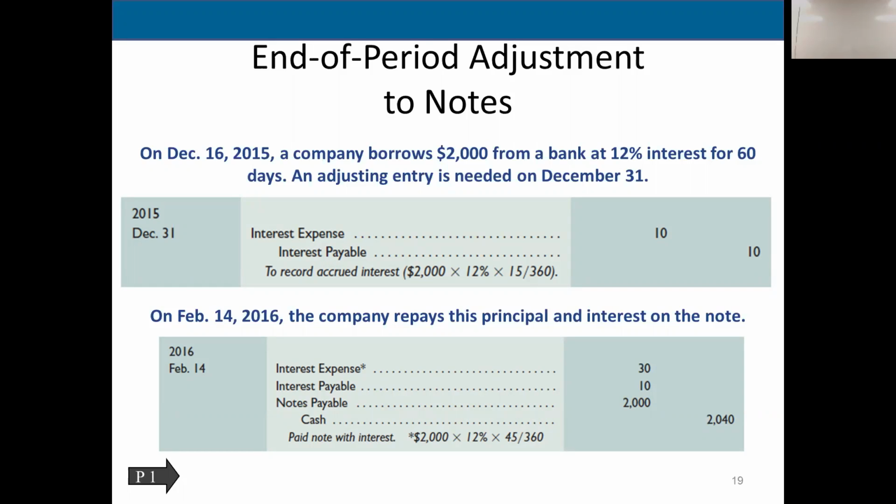Now, on February 14th, we repay P&I on the note. This is going to look very similar to what we just said. Here, we're going to record the accruing of $30 in interest. In order to look at the full amount, though, we've got to pick up that $10 of accounts payable.